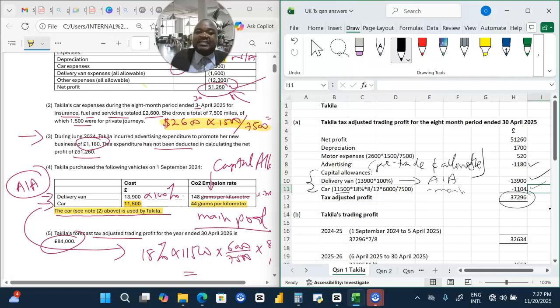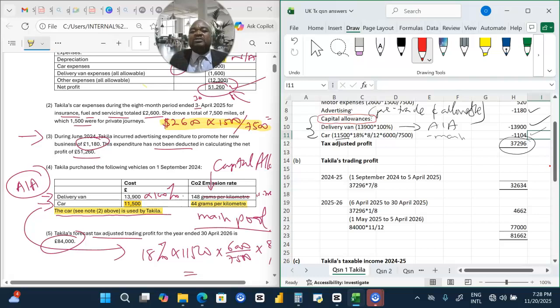Do not forget these animals, the capital allowances. Do not forget them in your computations. It annoys examiners. Yes, it infuriates them. So do not forget those things.